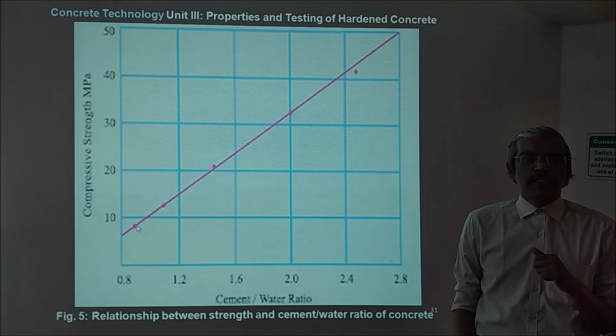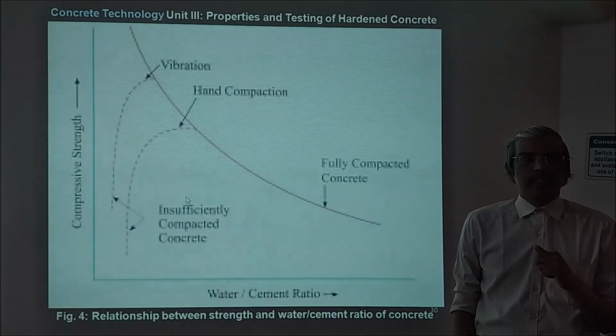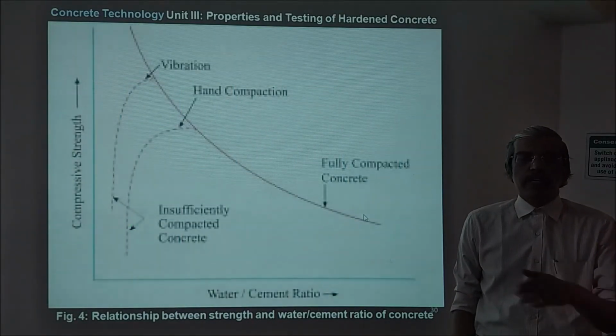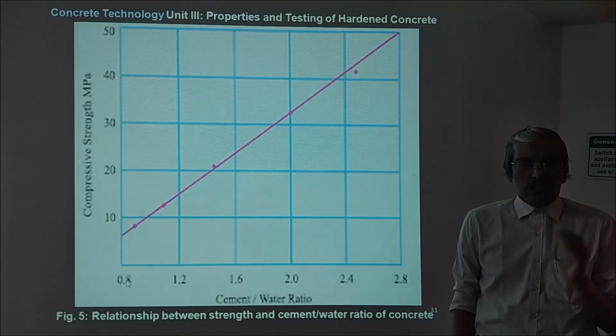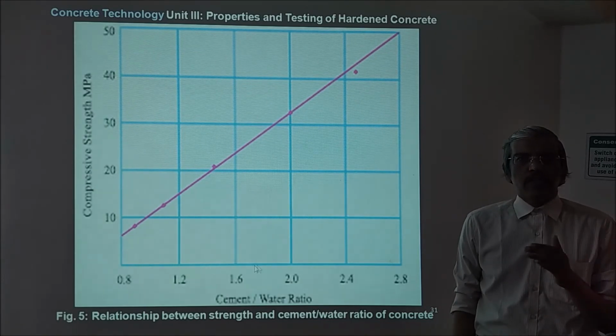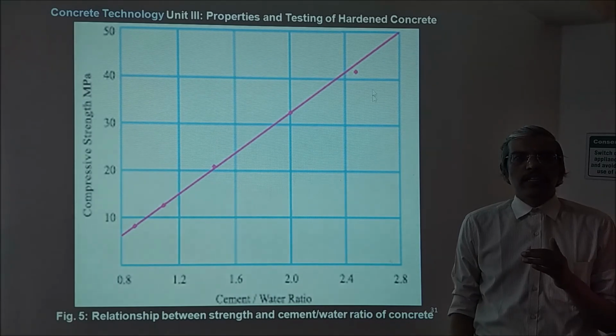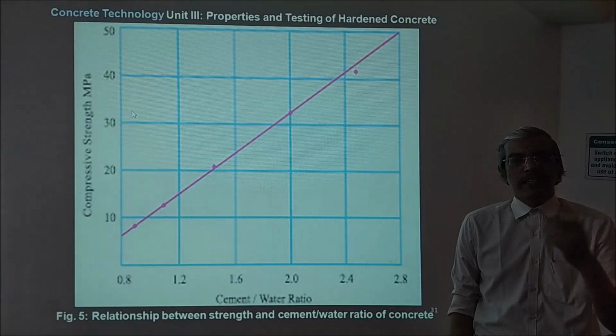Here we can see a straight line. Previously the graph was a hyperbolic curve, and here the graph is a straight line. So for cement to water ratio, if we increase it, the compressive strength of the concrete will increase.